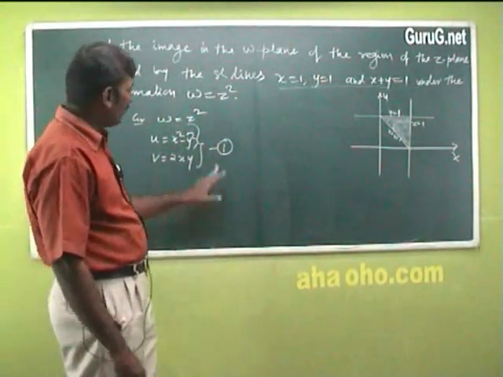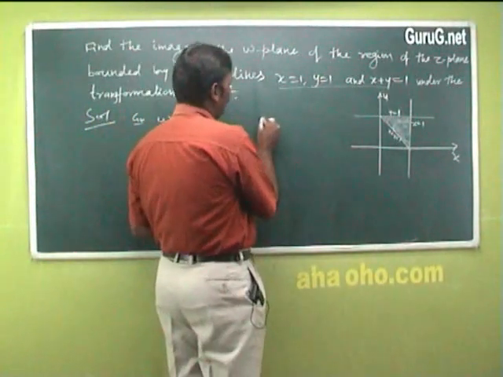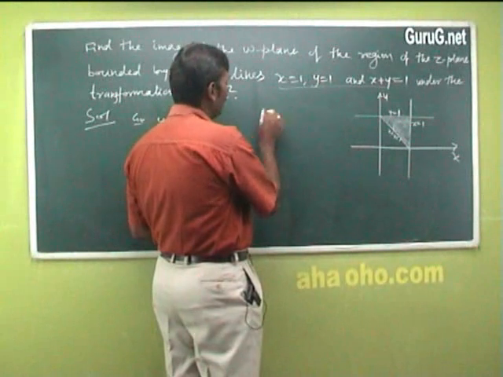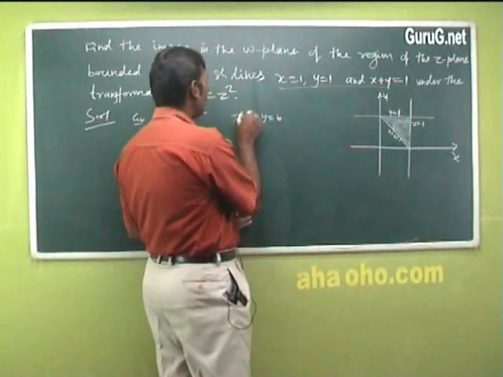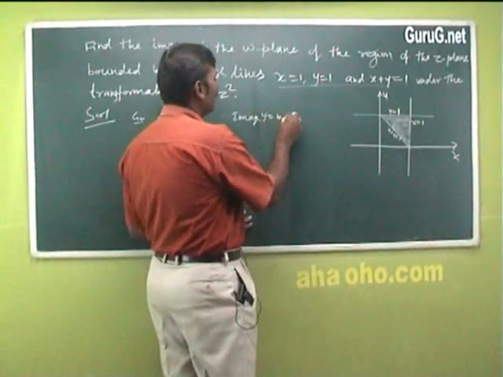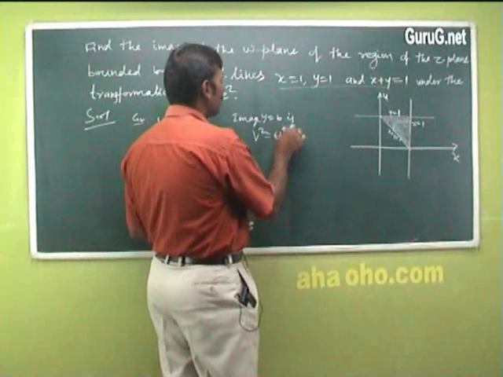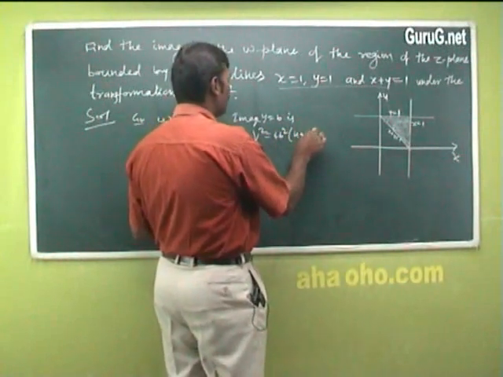From the discussion of this transformation, we derived what? The image of the line y equal to b is given by v squared equal to 4b squared into u plus b squared.